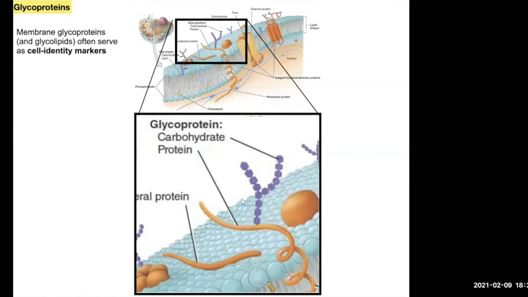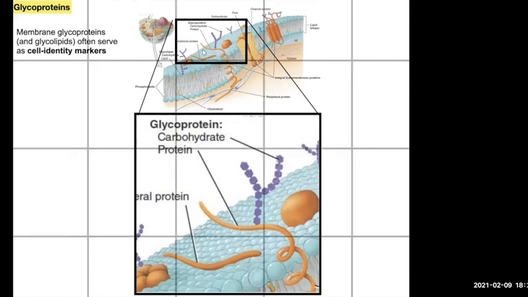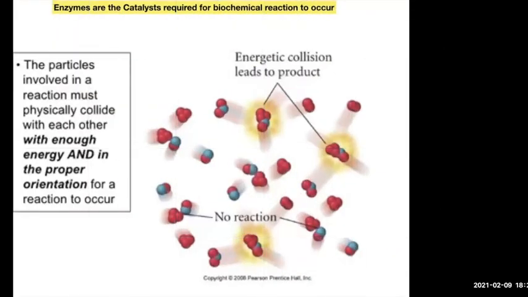These glycoproteins also provide a slippery surface for moving through, say, the blood, your blood cells moving through the blood. They also form interactions with other cells and water, right? So glycoproteins are one of those cell membrane proteins that have these kinds of functions. Next subject, enzymes.